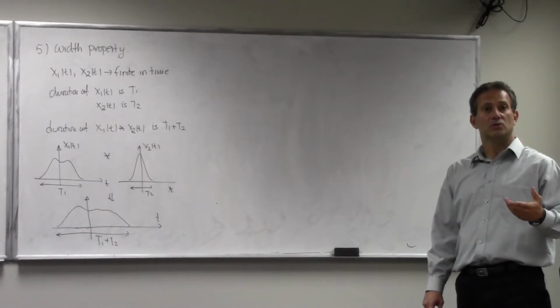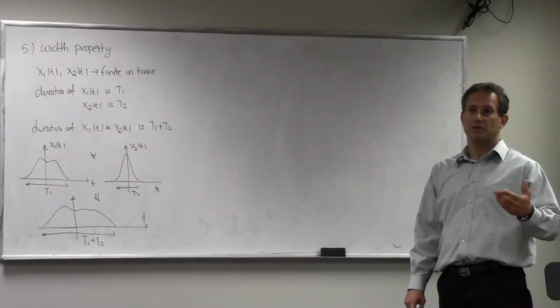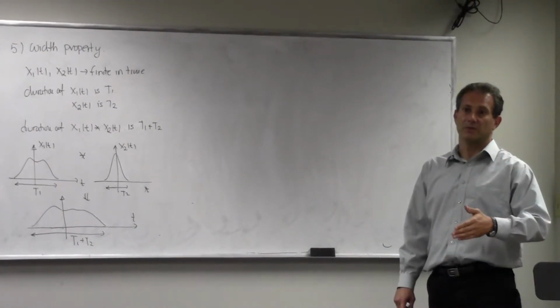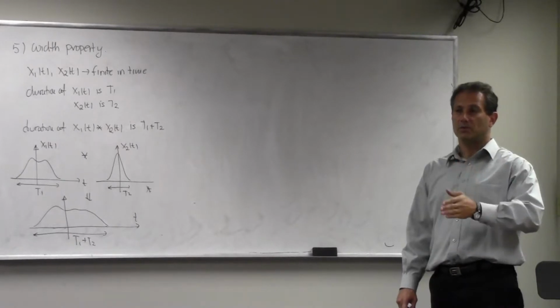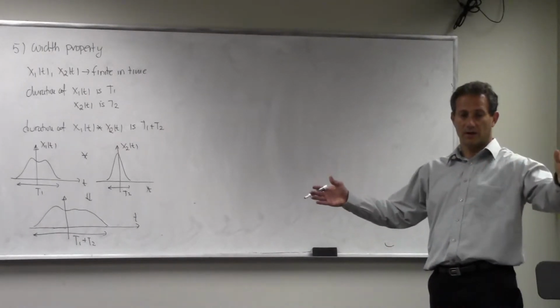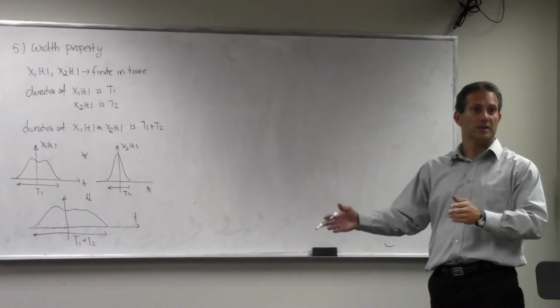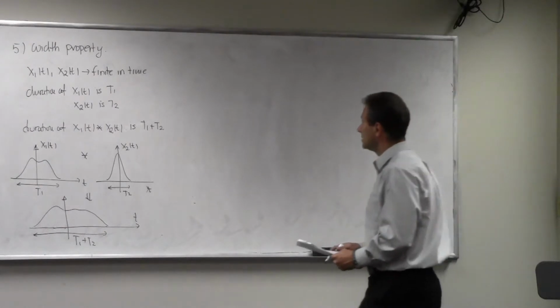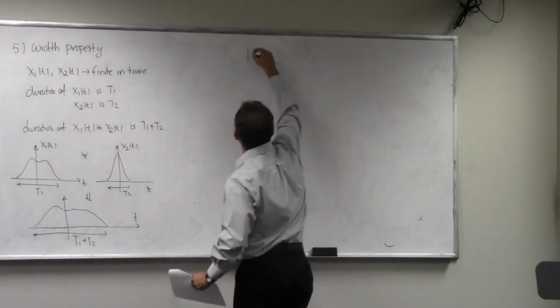Most of the time, these two are going to be causal, which means that for some suitably defined time, they're not going to start before something, right? You cannot have an input before 0, or your impulse response cannot appear before you actually present an input in most causal systems.